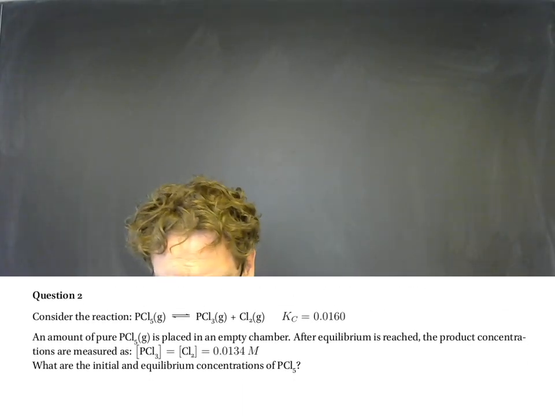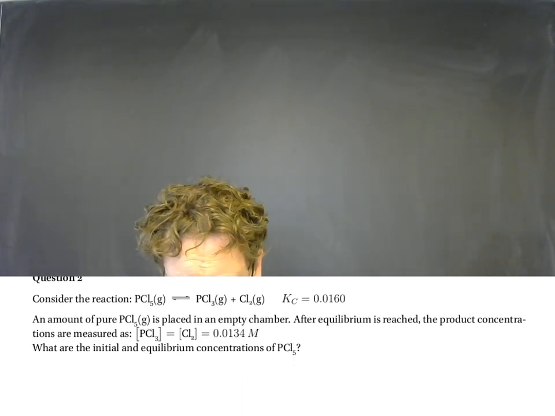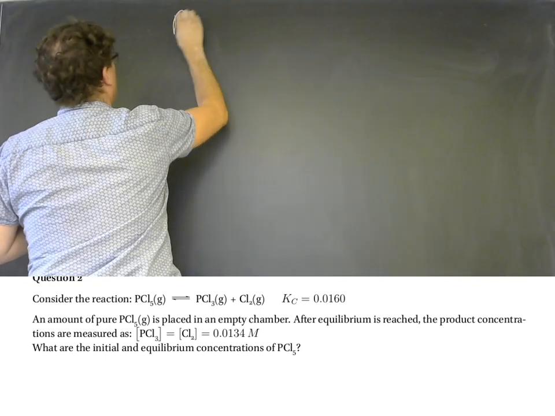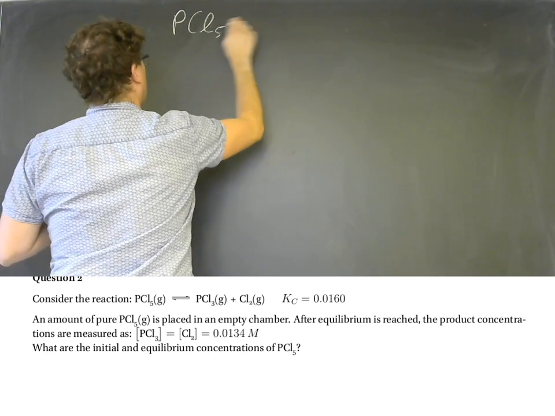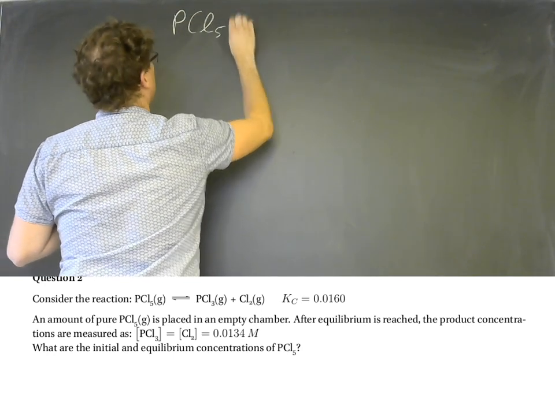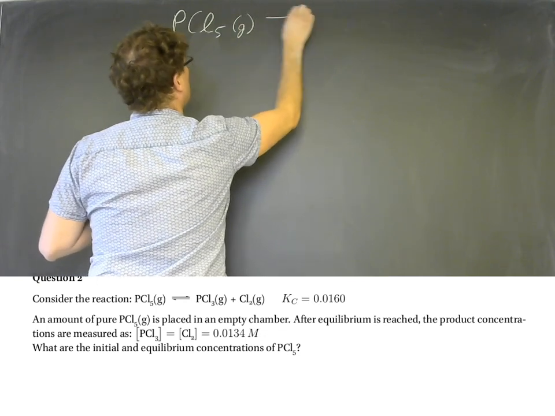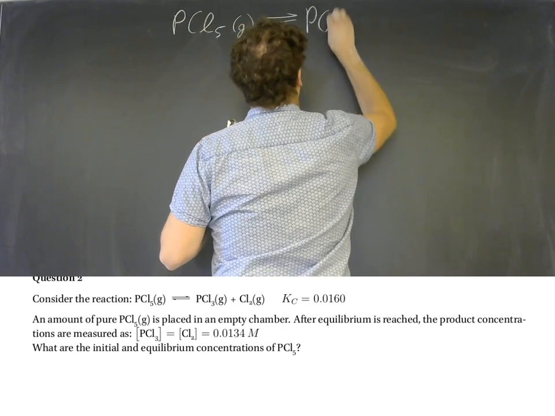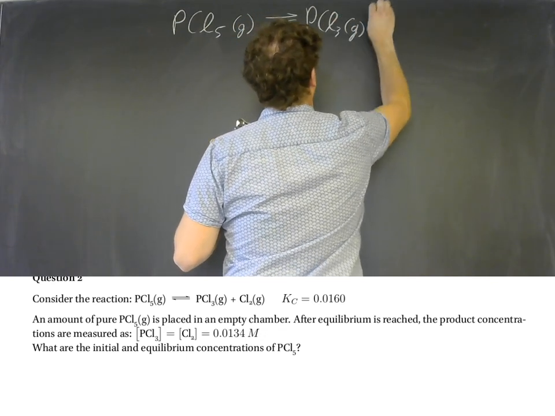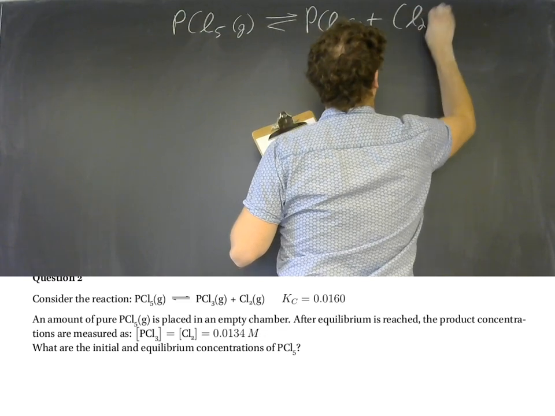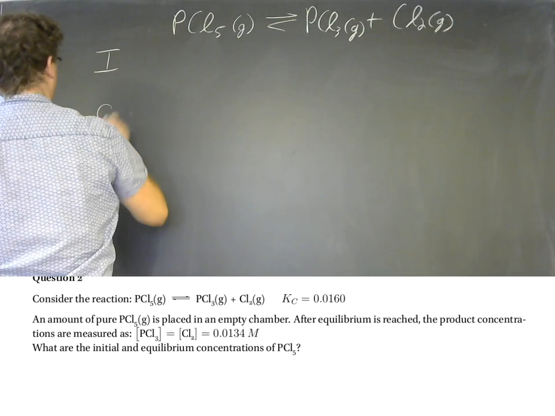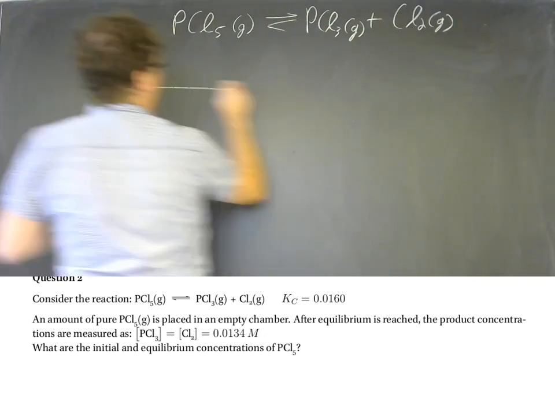Okay, so let's look at the next question. We have PCl5, and this is a gas in equilibrium with PCl3, which is a gas, plus chlorine gas. We'll put up our ice table.